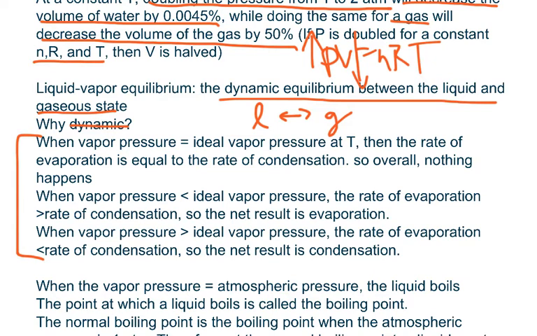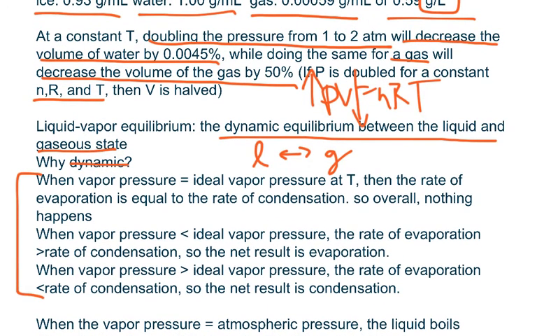So, when the vapor pressure exerted by the liquid is equal to the ideal vapor pressure at that certain temperature, then the rate of evaporation, or when the liquid turns into a gas, is equal to the rate of condensation, or when the gas becomes a liquid.